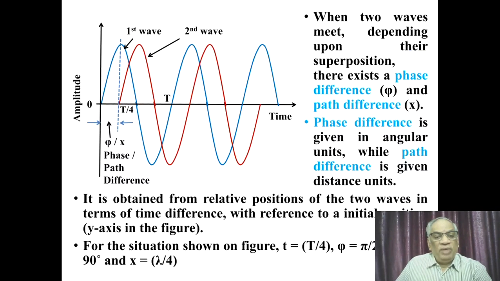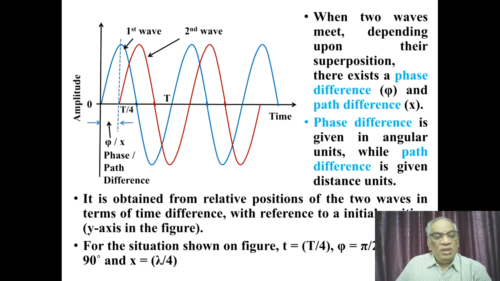When the two waves meet, depending upon their superposition, there exists a phase difference and path difference. The phase difference is given in angular units while the path difference is given in distance units. Both are obtained from the relative positions of the two waves at a given time with reference to an initial reference point.